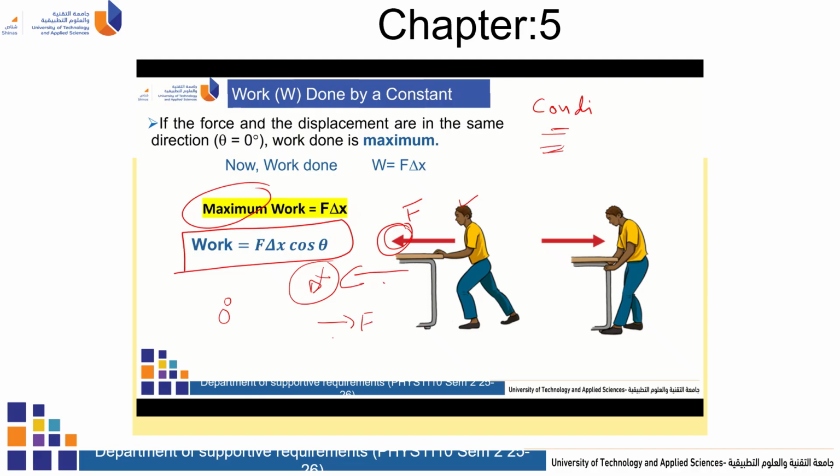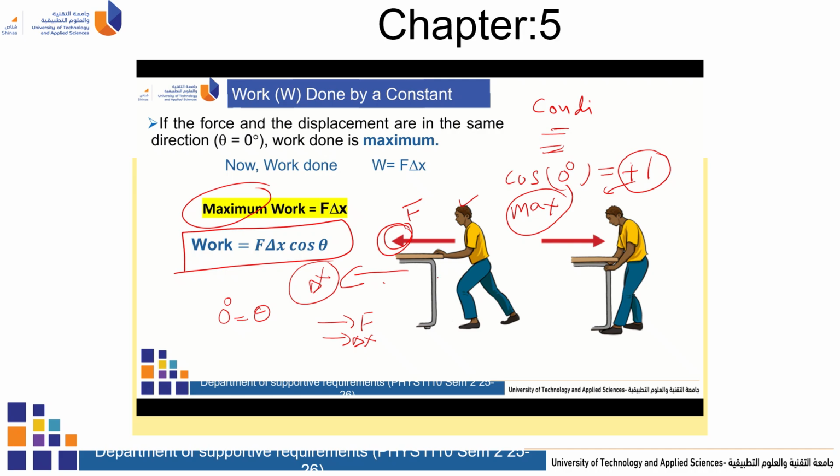So theta is 0 degree. If I put this theta in cosine, cosine 0 degree is 1, plus 1.